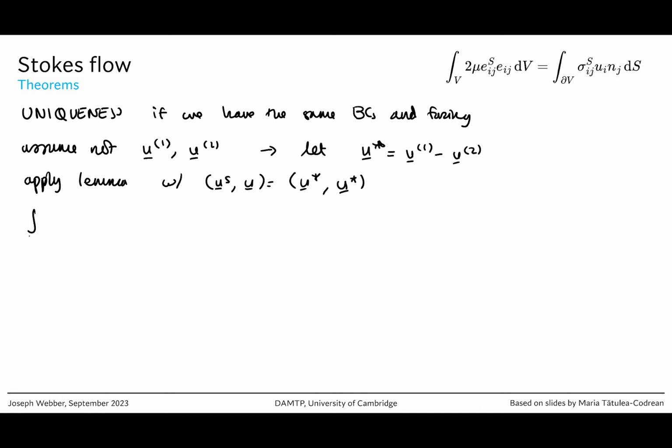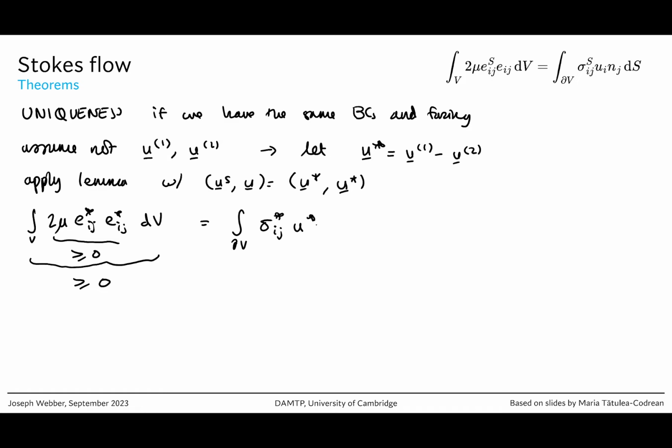Okay, so the left-hand side is 2 mu E star ij, E star ij, and this thing here is greater than or equal to 0 dv. So this whole left-hand side is greater than or equal to 0 and is equal to dv sigma ij star u star i nj ds.